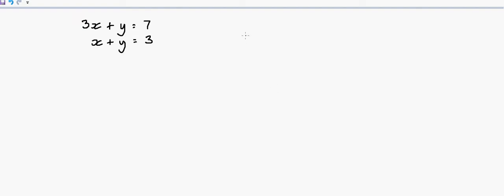Okay, simultaneous equations. Sometimes in the exam they will give you two equations and say solve for x and y. Sometimes in an exam they'll say that two things happen with different results.